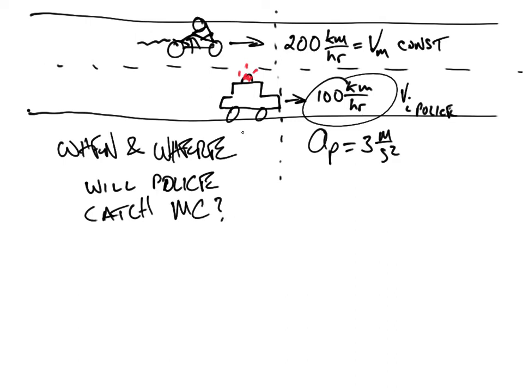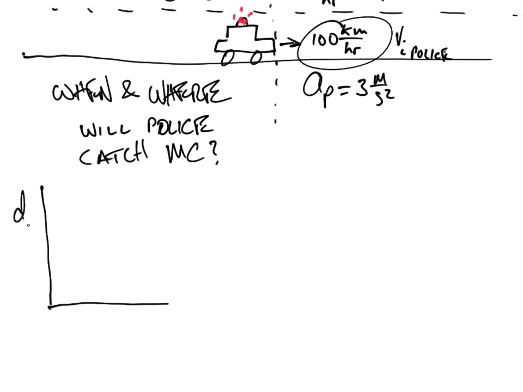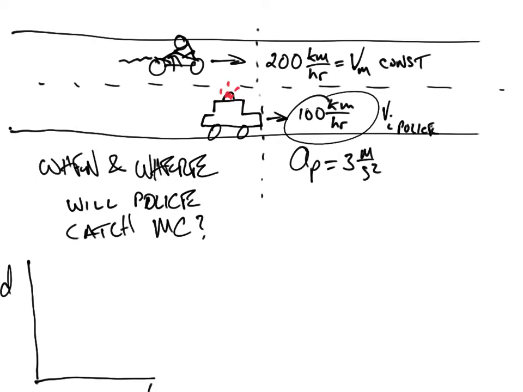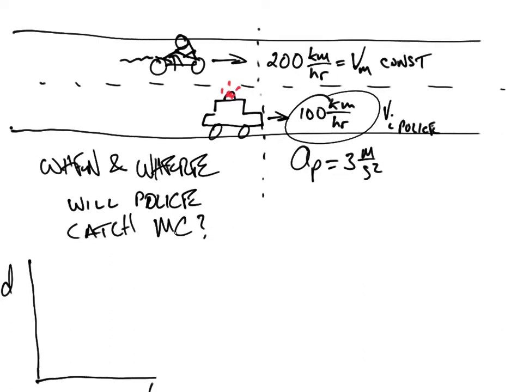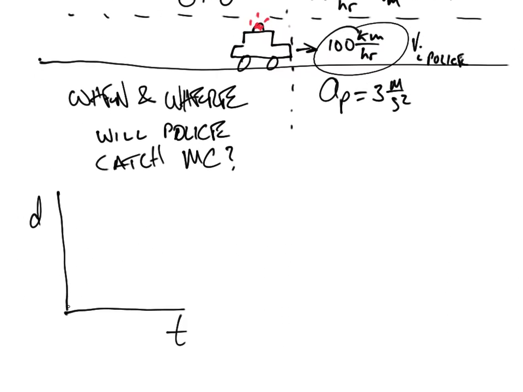Now, in order to figure this out, first of all, let's draw a little graph here. And this is a graph of D versus T. Okay? And if you'll notice, the initial velocity of the police car is 100. So obviously they're not starting from 0. Therefore, the slope of this police car, let's make the police in red, is not going to be 0.